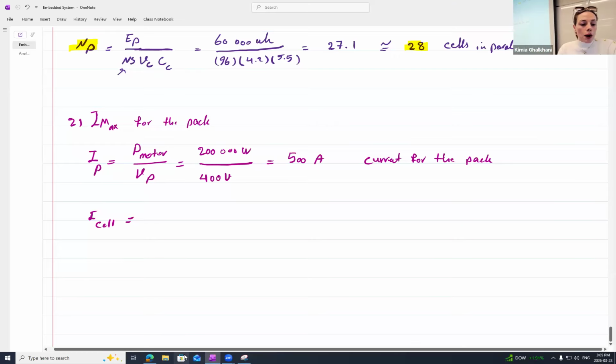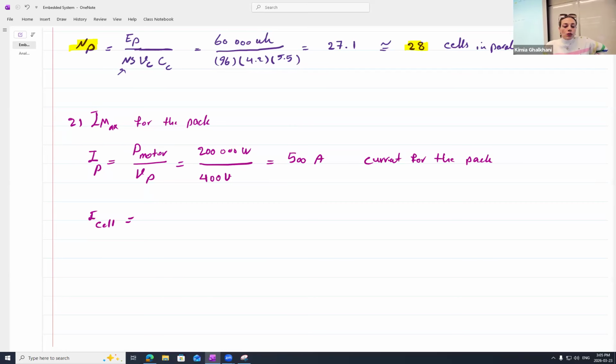So to calculate current per cell, I can say: what is the pack current? That one divided by number of parallel, right?